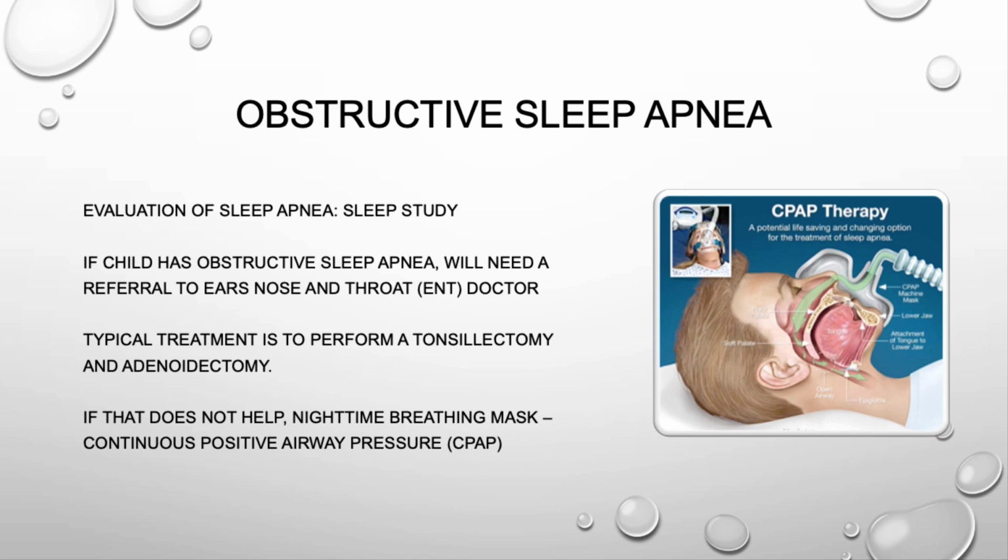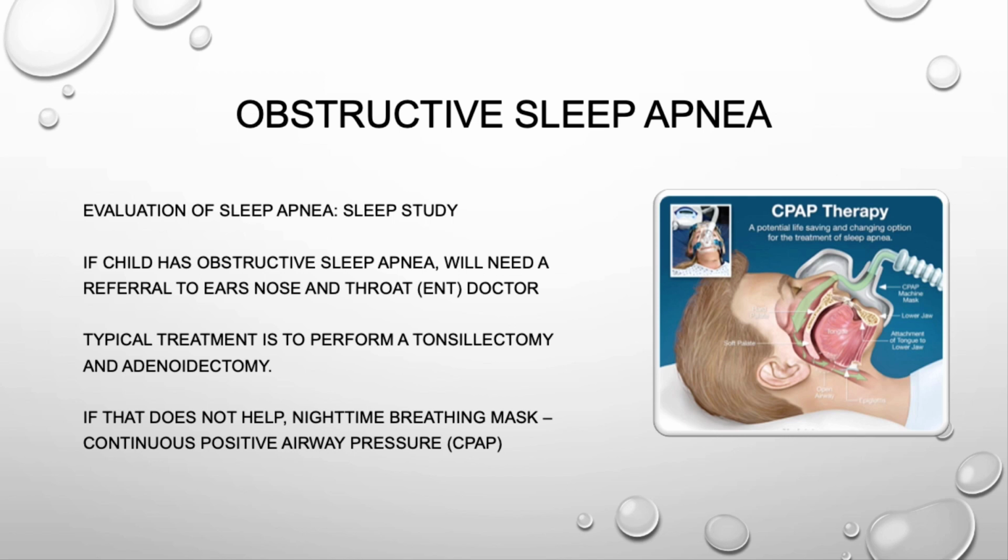If you find there is this problem with sleep apnea, there are a number of things that can be done, including your typical treatment, which is to take out the adenoids, a gland just behind the nose in the pharynx, and also the tonsils, which are those two glands sitting in the throat.